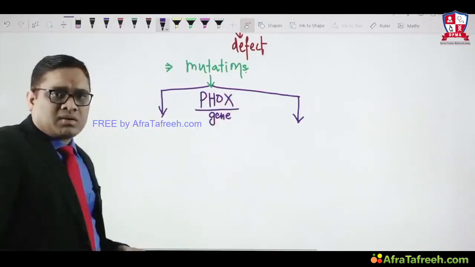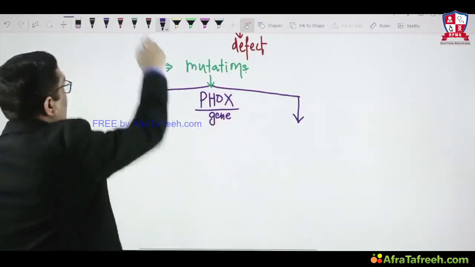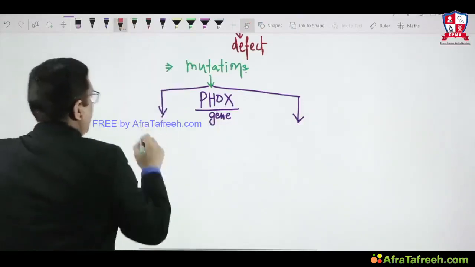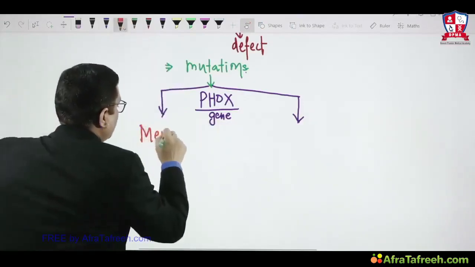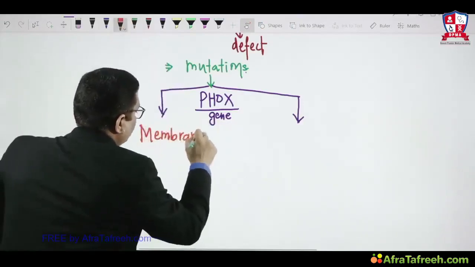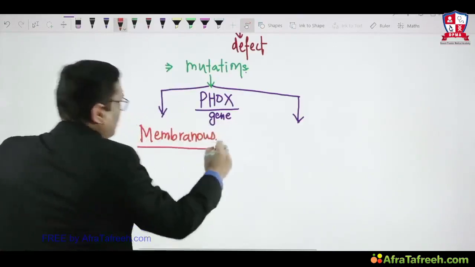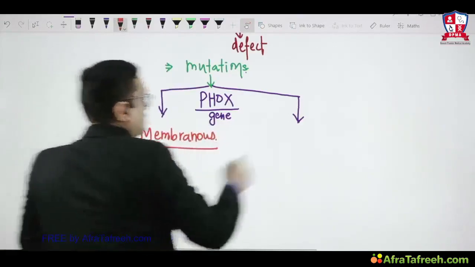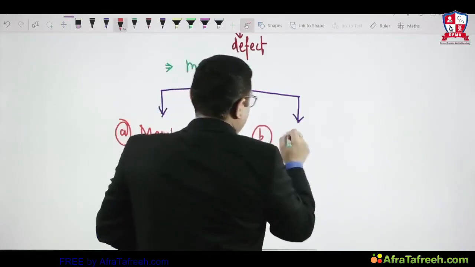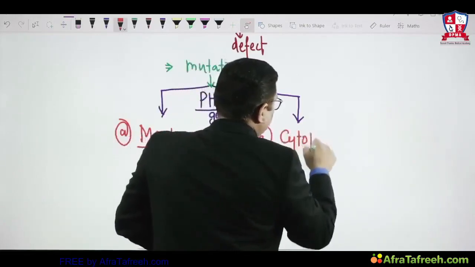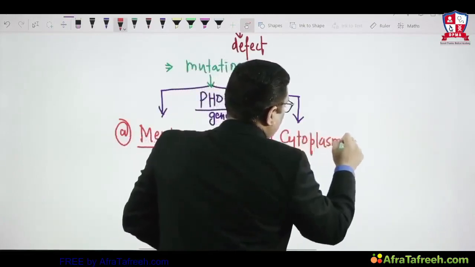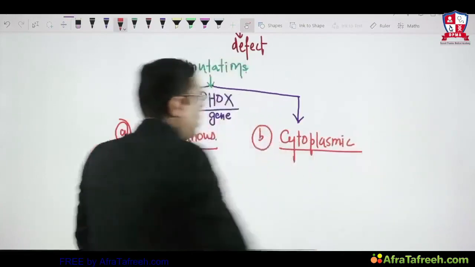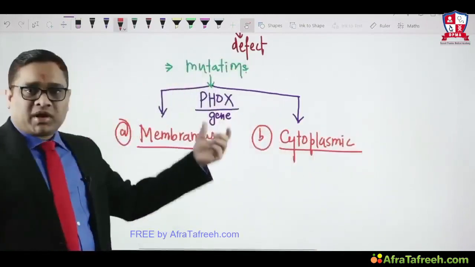And for the FOX gene, there are two locations. It can be membranous, present on the membrane, so membranous FOX gene mutation, or it can be cytoplasmic FOX gene mutation.